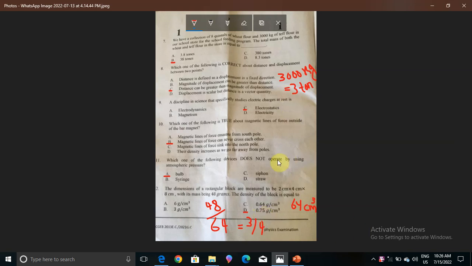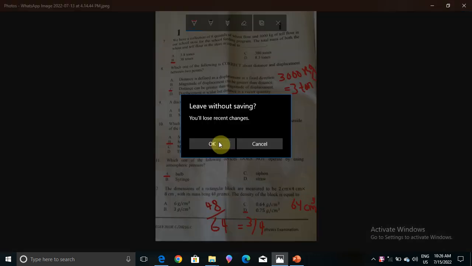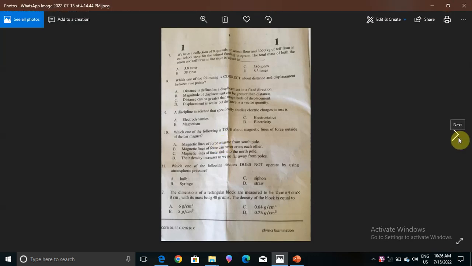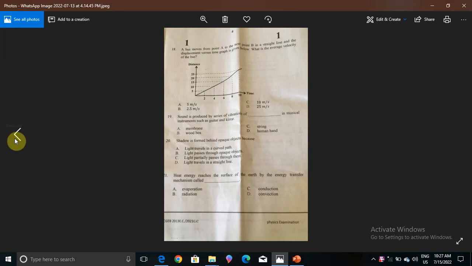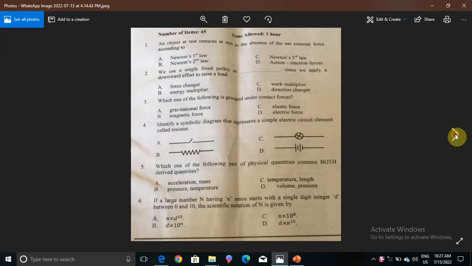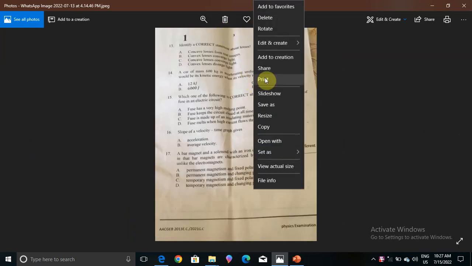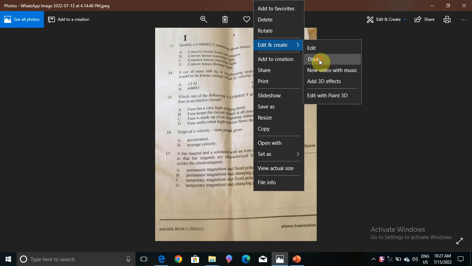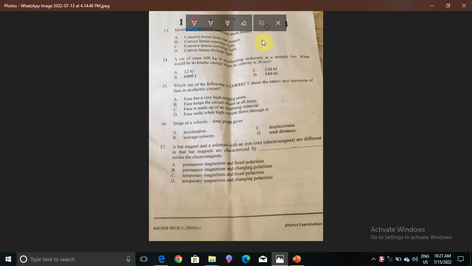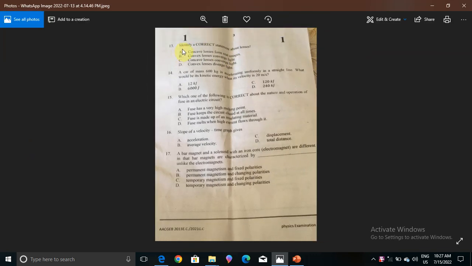Now let's go for question number 13. And question number 13, it says what? Identify a correct statement about lenses.